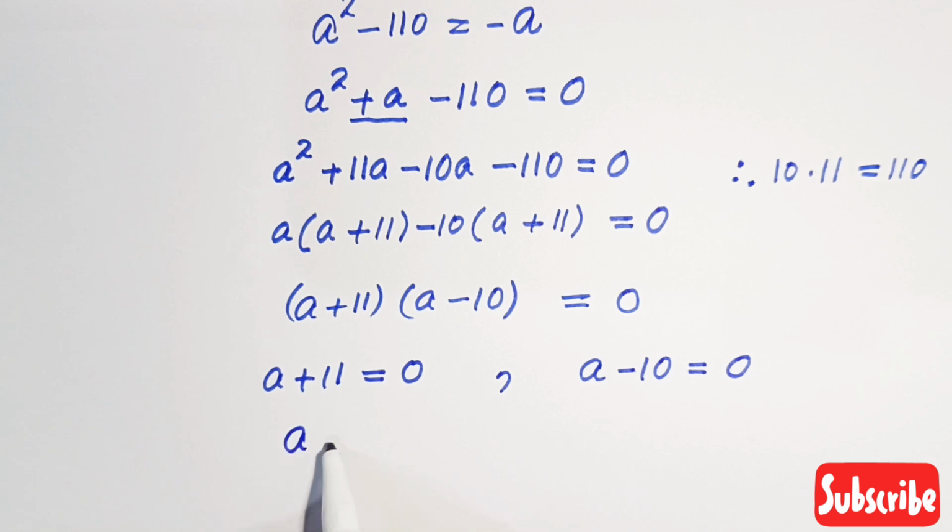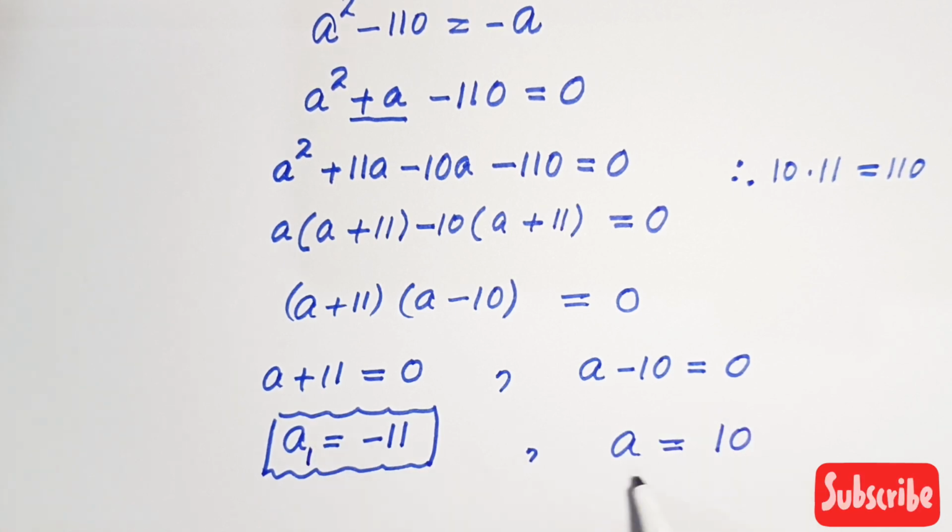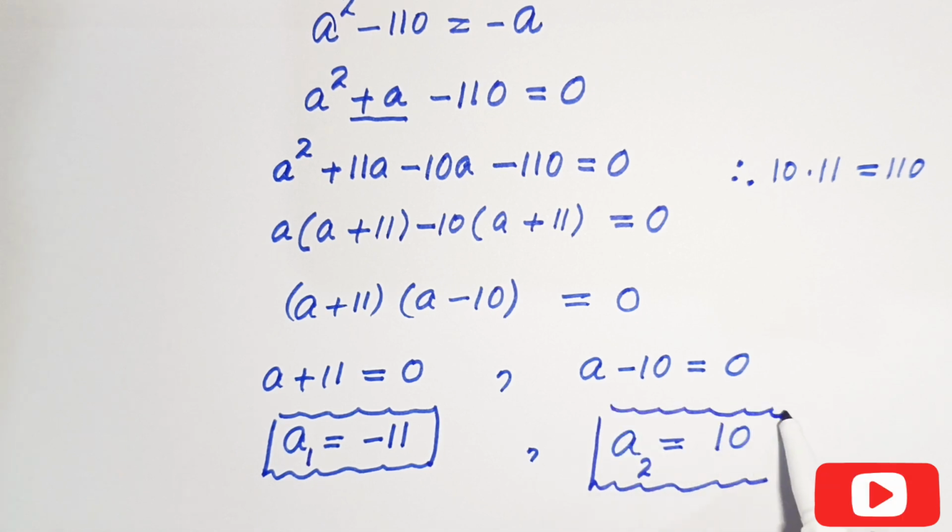So we get a is equal to minus 11, which is a real value, and similarly from the other we get a is equal to 10. So we have two values of a, which we write as a1 and a2.